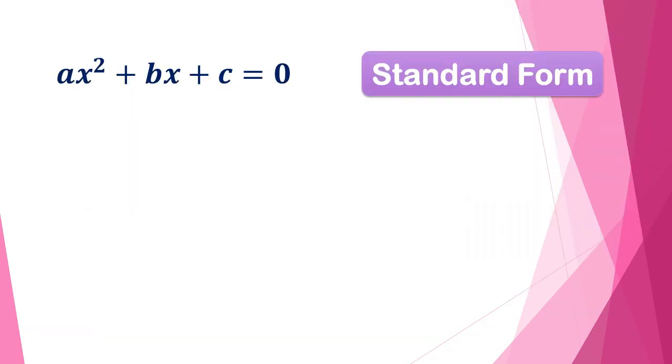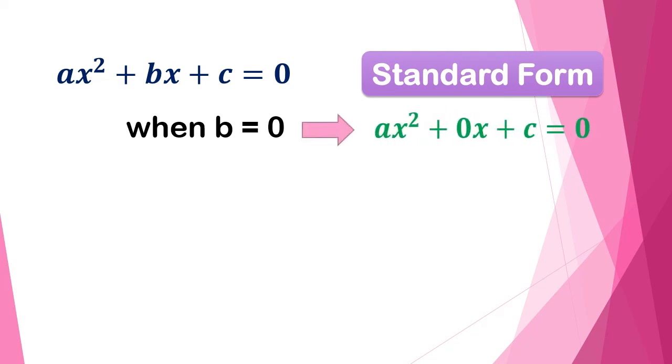Since the formula for standard form is ax squared plus bx plus c equals 0, what will happen when b is equal to 0? When b is equal to 0, it will become ax squared plus 0x plus c equals 0. Since the value of b is equal to 0, what we are going to do in the formula is to cancel out 0x.